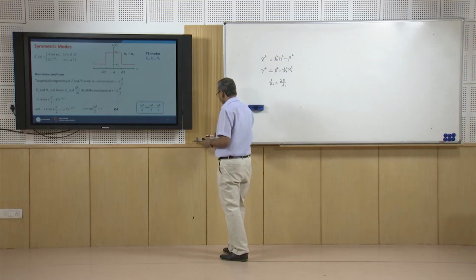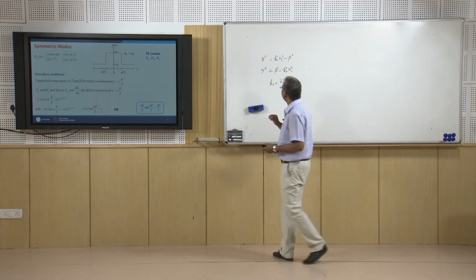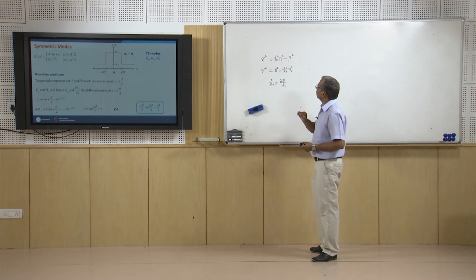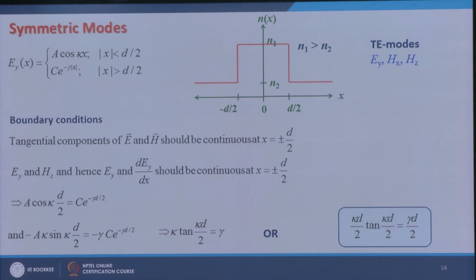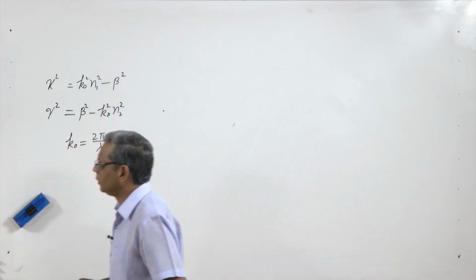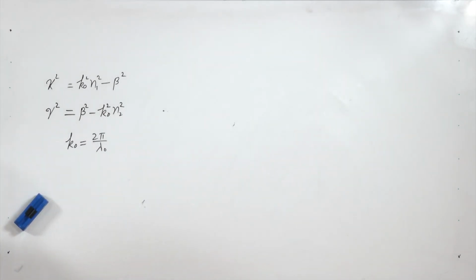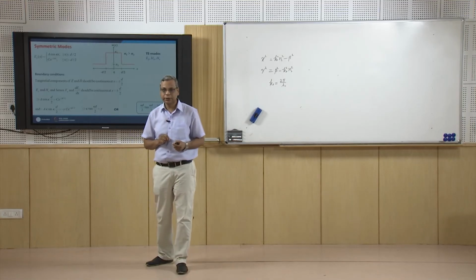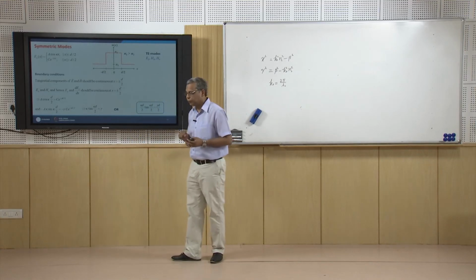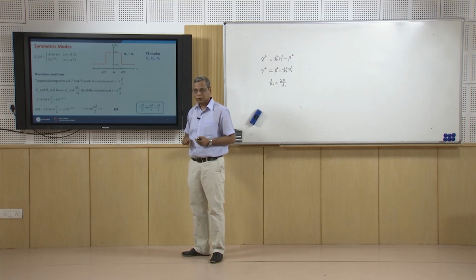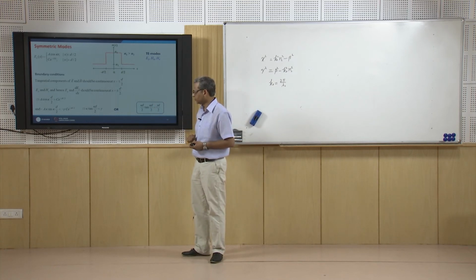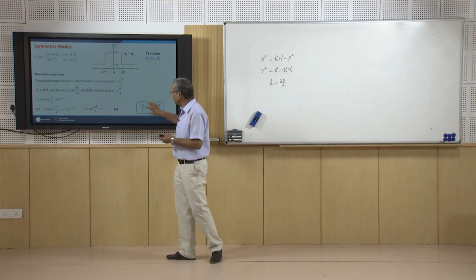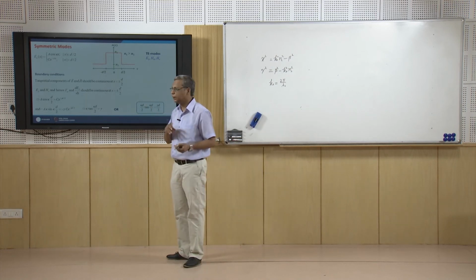So, for a given waveguide and wavelength, the only unknown in kappa and gamma is beta. So, this is nothing but a transcendental equation in beta. So, beta satisfies this equation. There are only certain values of beta which are possible, and those values of beta satisfy this equation. Only those values of beta are possible. Okay. So, this makes the modes discrete.